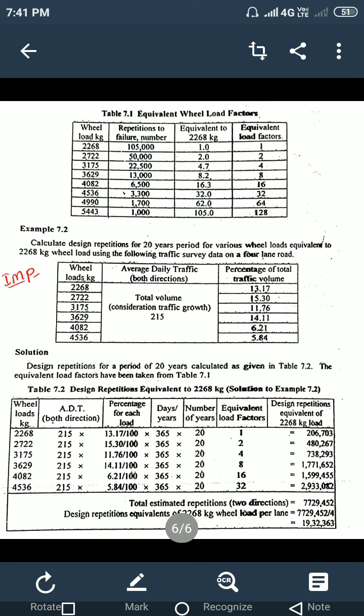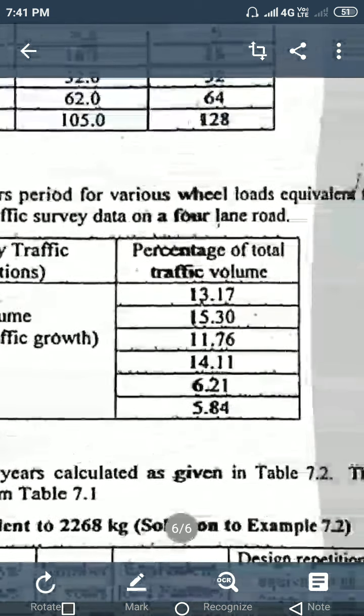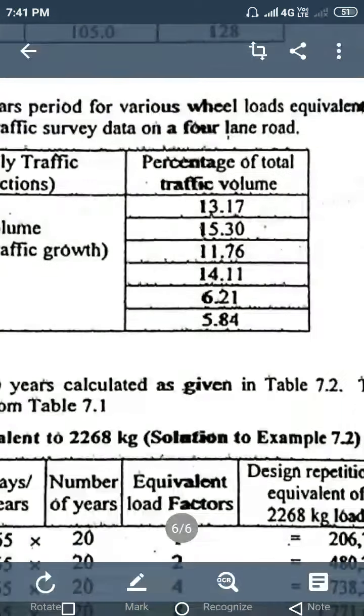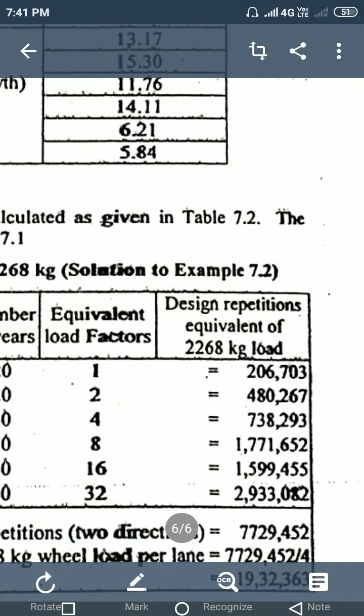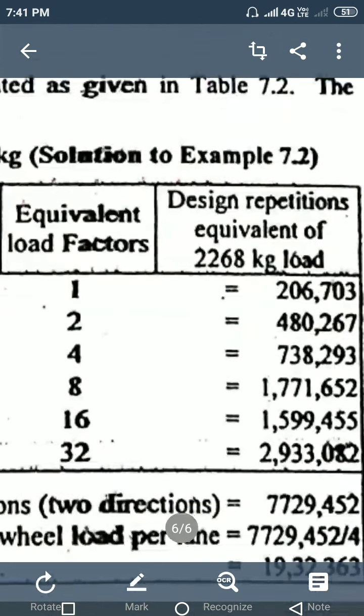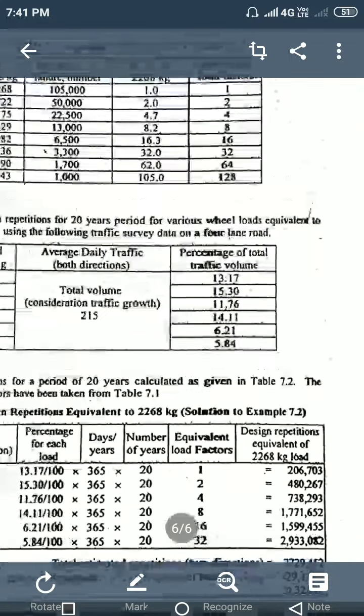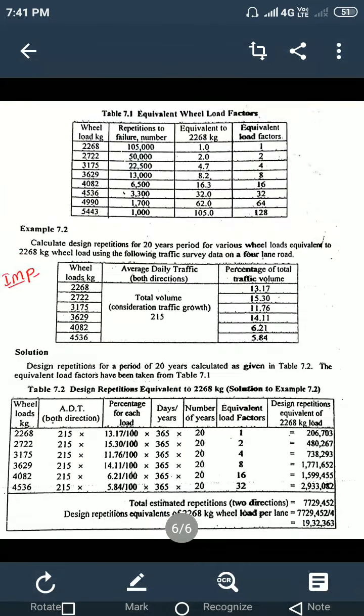And if you want to calculate the design repetitions per lane, here they have given a 4-lane road, therefore the value you have obtained divided by 4 will give you the total design repetitions per lane of road. So this is one of the important problems you may expect in the examination. Thank you.